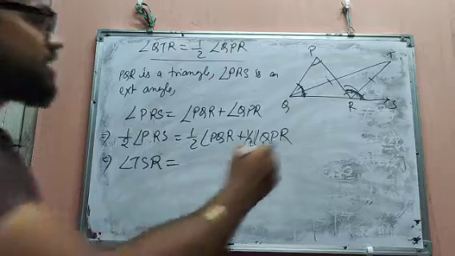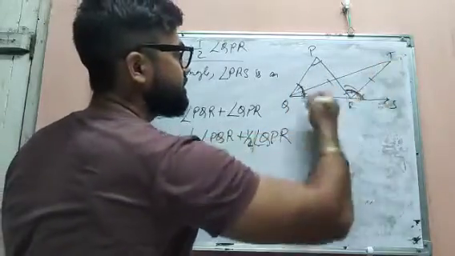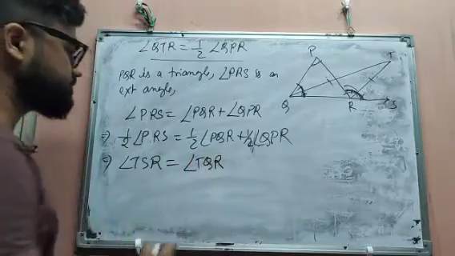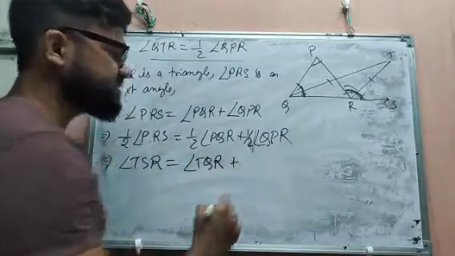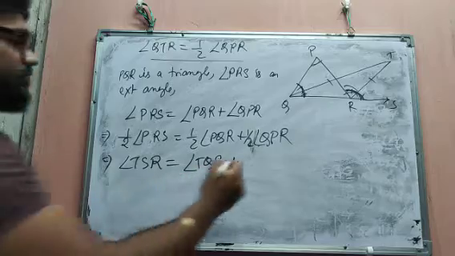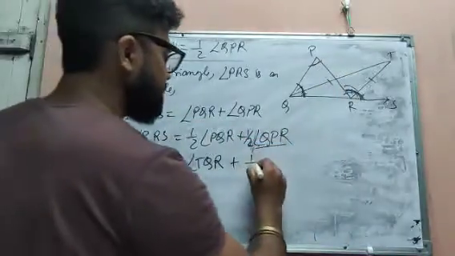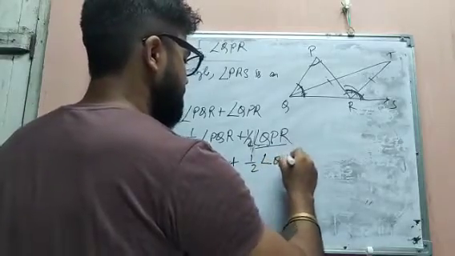Half of PQR is angle TQR. And half of QPR, we can't change this because QPR does not have any bisector, so it is simply angle QPR.